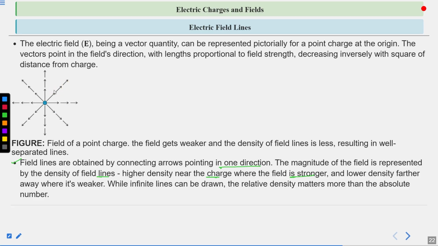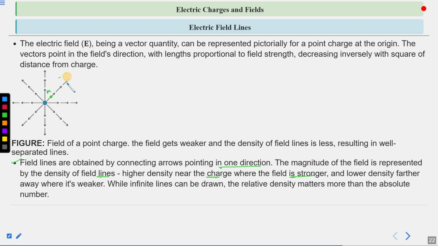So this is a question for you. Suppose we have 2 points, point A and second one is point B. Where is the density high? At point A, near the charge. So at point A the density is high and its electric field is much stronger.